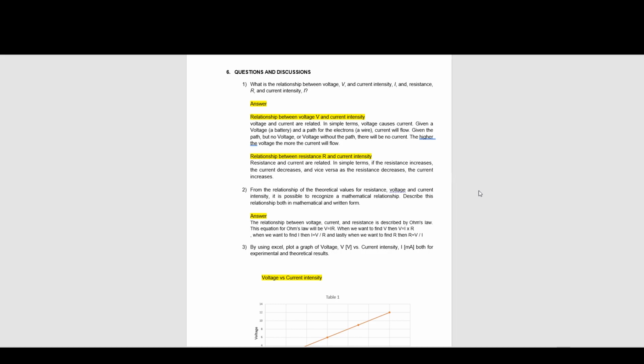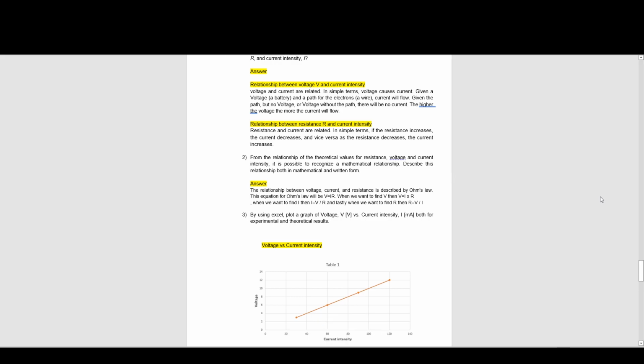For question 2, the relationship of the theoretical values of resistance, voltage and current: it is possible to recognize the mathematical relationship. Describe this relationship both in mathematics and written form. The relationship between voltage, current and resistance is described by Ohm's law.